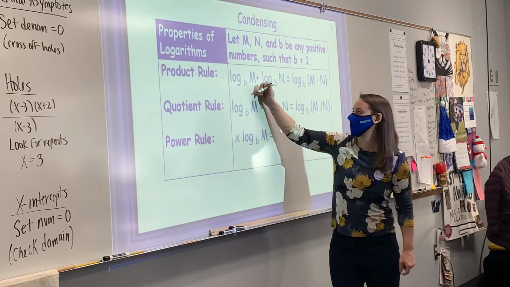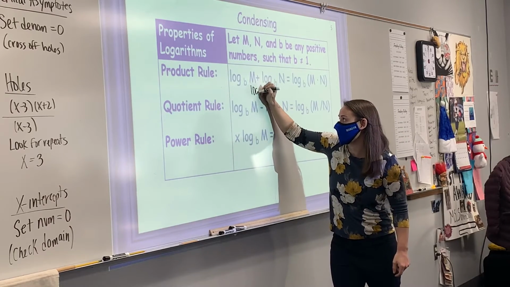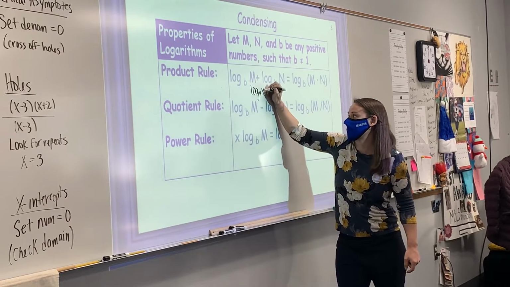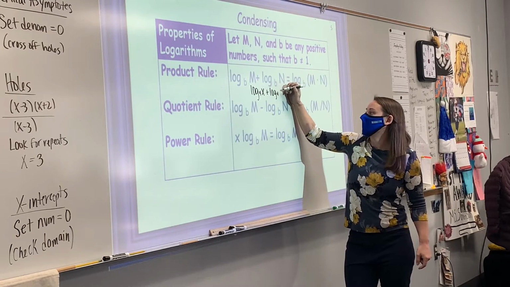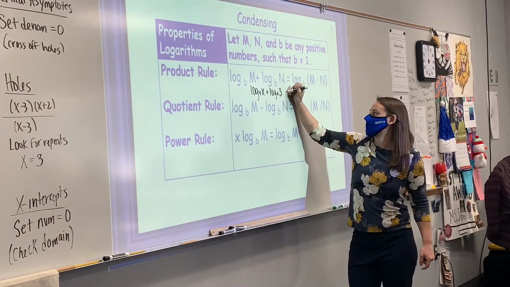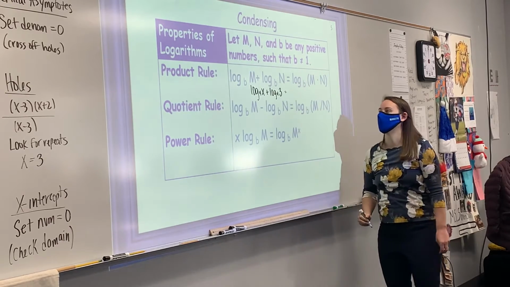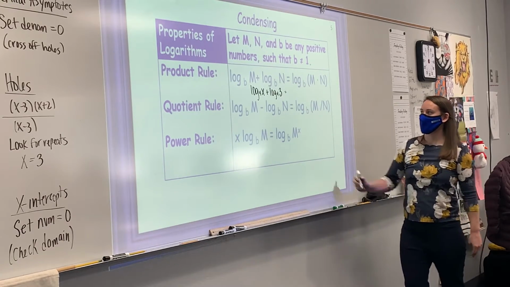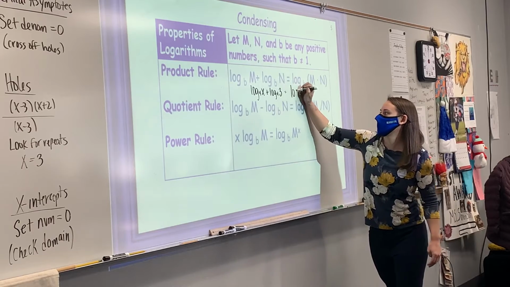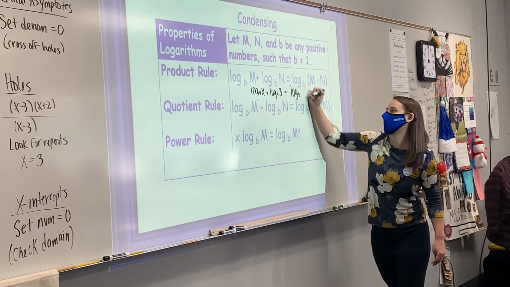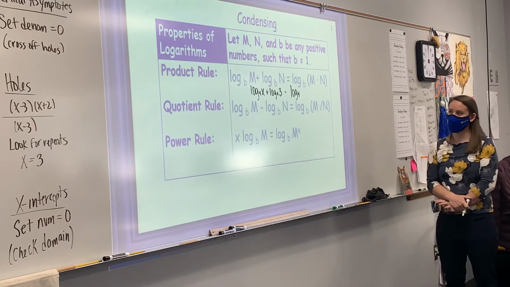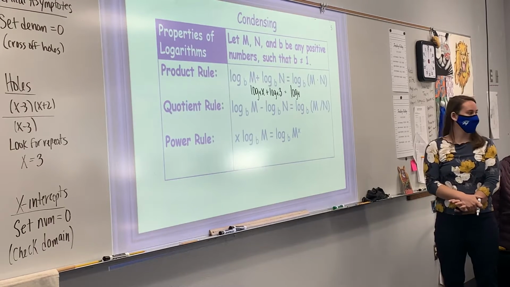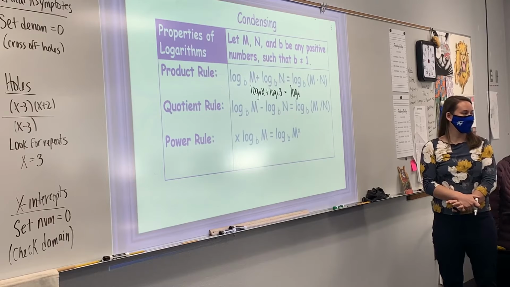So this example would be something like log base 4 of x plus log base 4 of 3. This will end up being a log base 4 of what times what? X times 3.